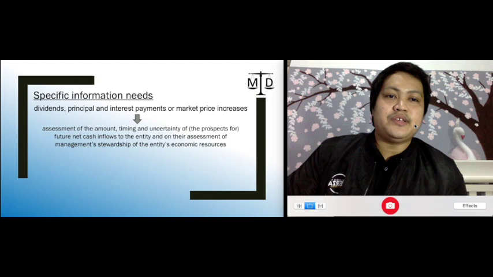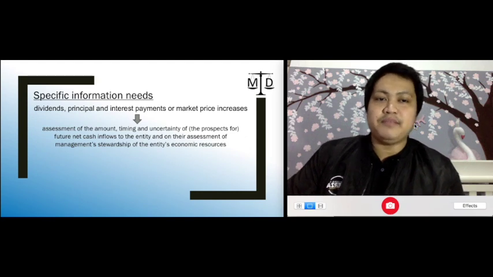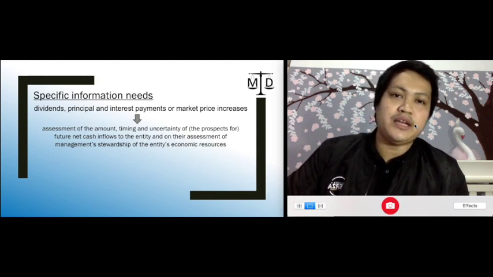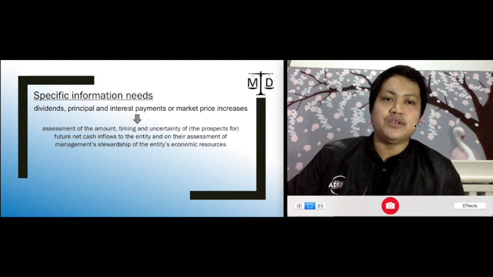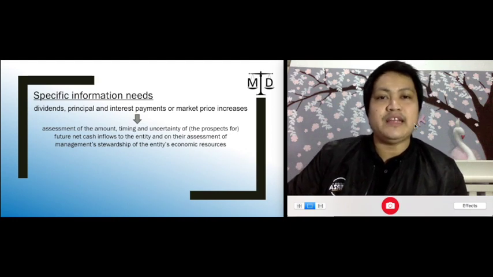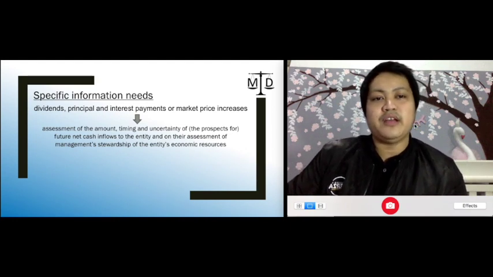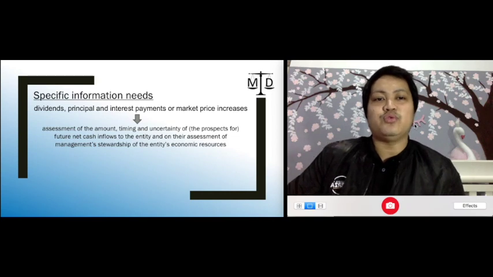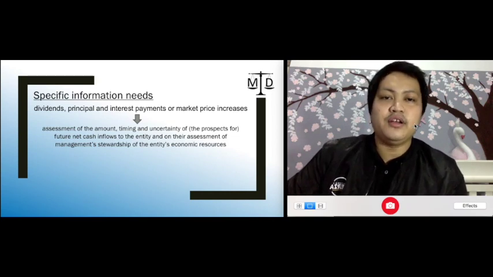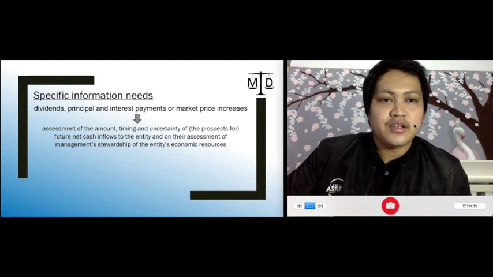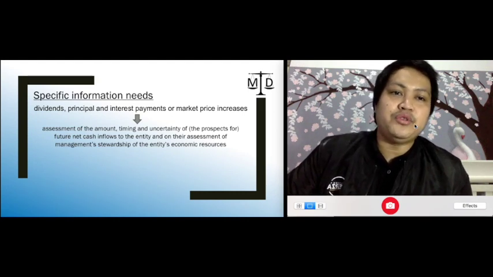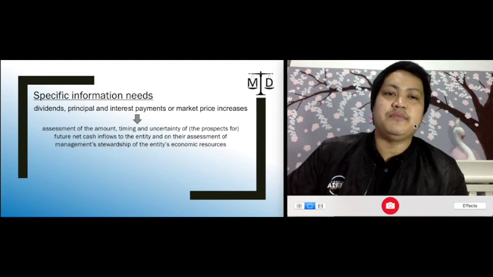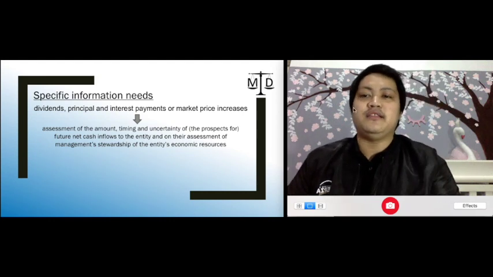Using financial reports to assess the performance of your management may not be the primary purpose of financial reporting, but definitely it cannot be avoided. You can definitely use your financial reports to assess the effectivity of your management, on how well your management has protected or utilized your investment or the assets of the entity.